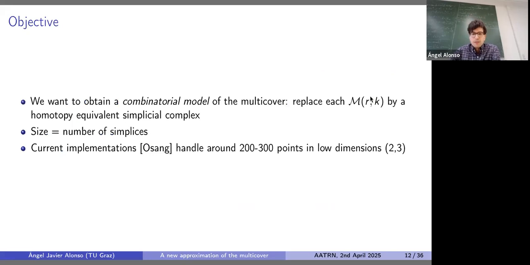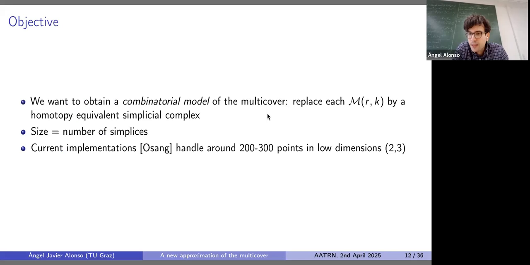So now, hopefully I have convinced you that the multicover is at least interesting. We want to compute it, and by computing it, we need a way to get it into a computer. And the best way to do that is just obtaining some combinatorial object. So we want to obtain a combinatorial model of the multicover.